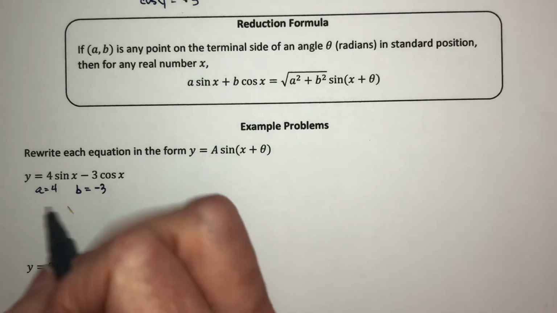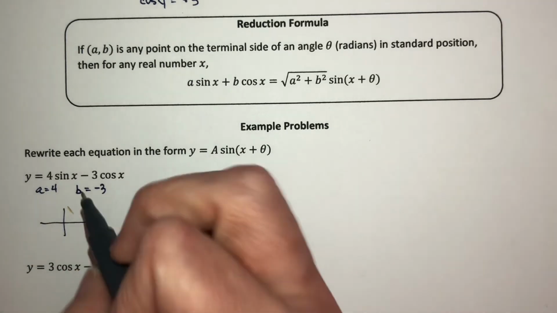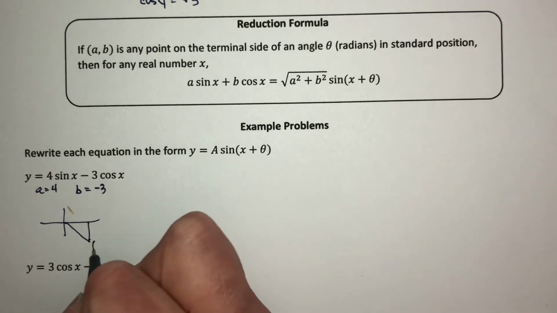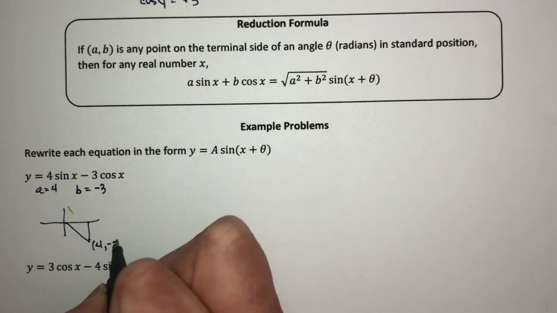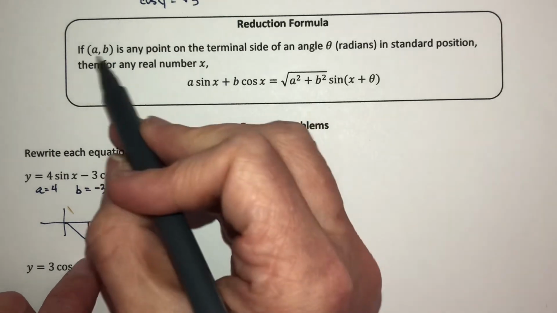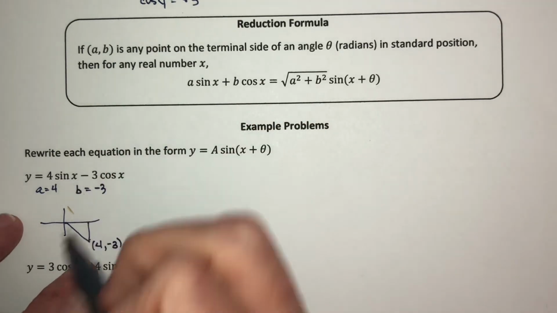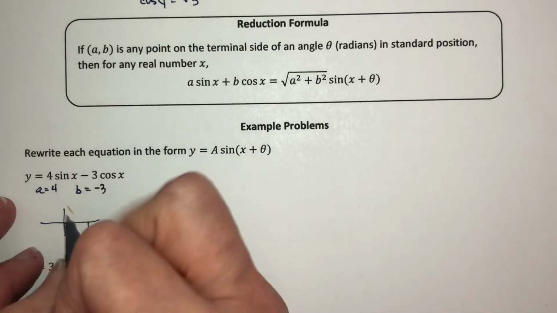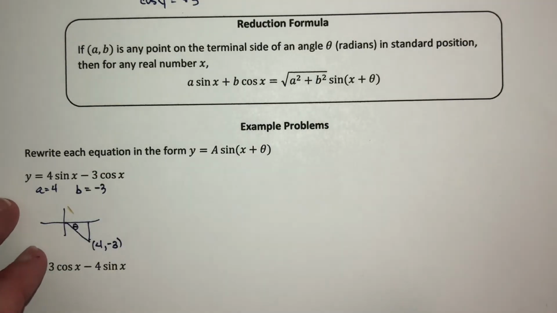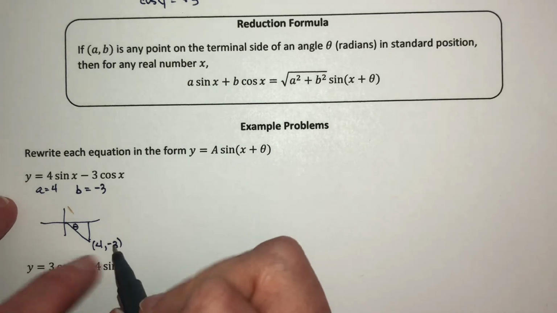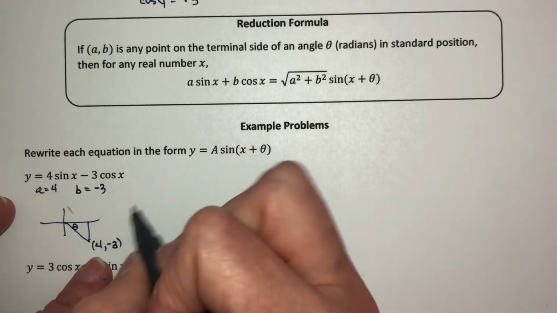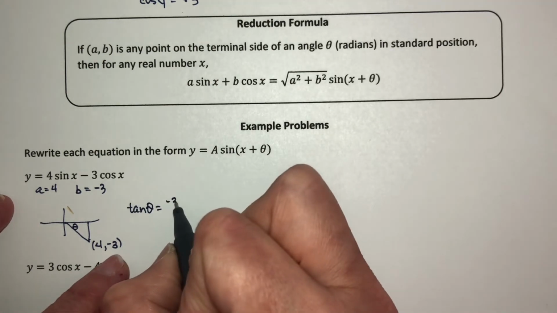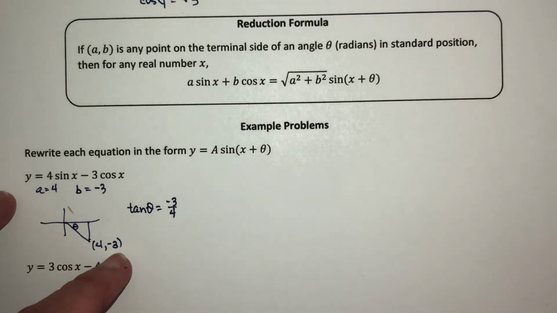Okay, so that means that our point is down here. Okay, 4, negative 3. And so we need to figure out what this angle is right here. Well, one thing we do know is that tangent of theta will be negative 3/4.